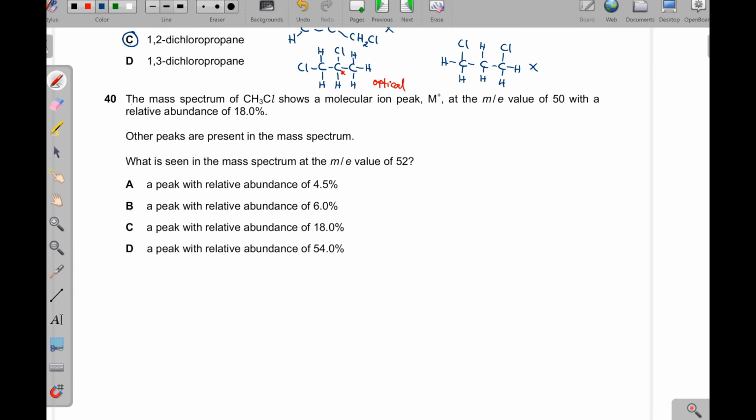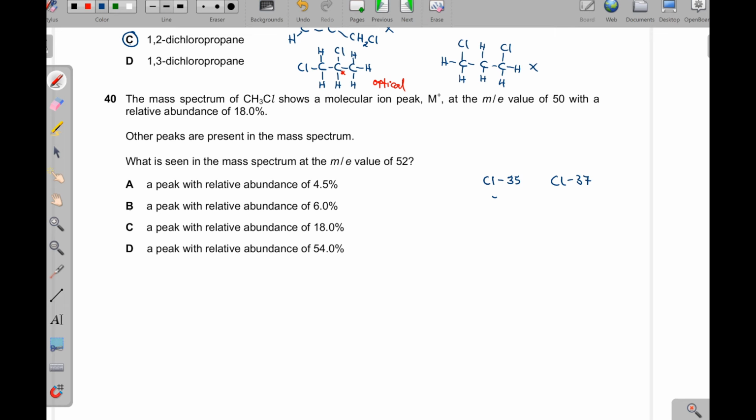Then question 40, the mass spectrum of chloromethane shows a molecular ion peak at mass to charge value of 50 with the relative abundance of 18%. Other peaks are present in the mass spectrum. Now, when we see chlorine present, chlorine has 2 isotopes: chlorine 35 and chlorine 37.